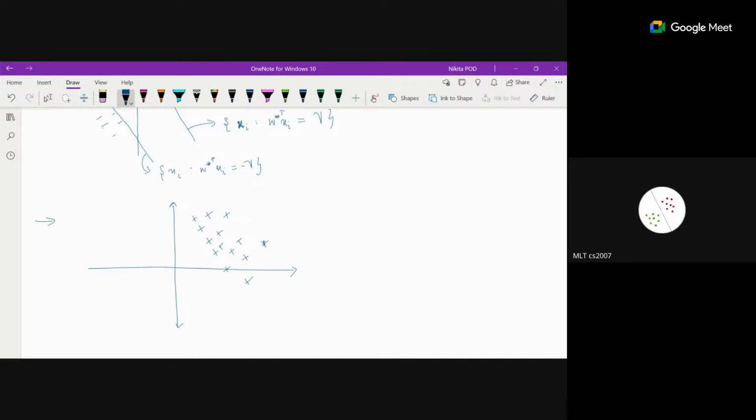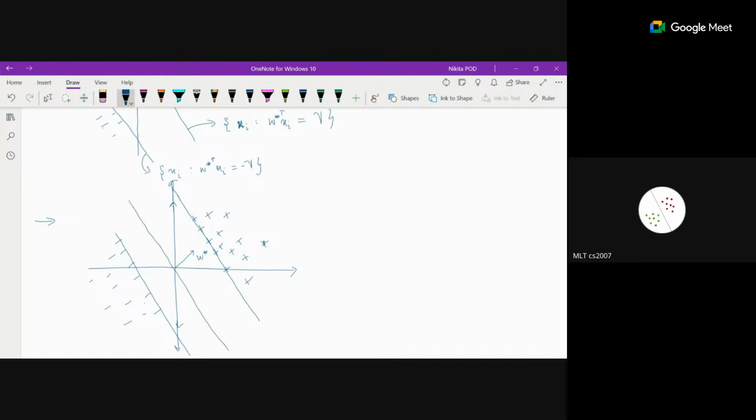If there was a W star that linearly separates my data set with margin gamma, this was my gamma margin, and this was my hyperplane.